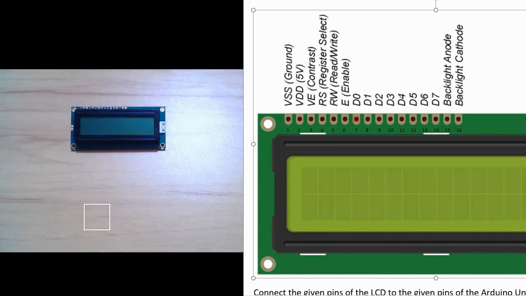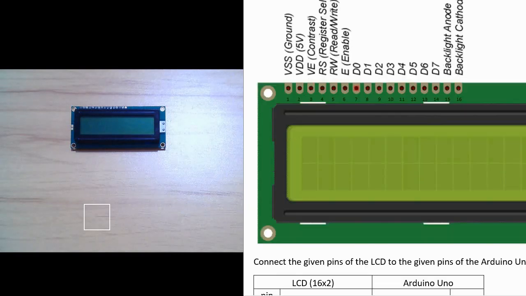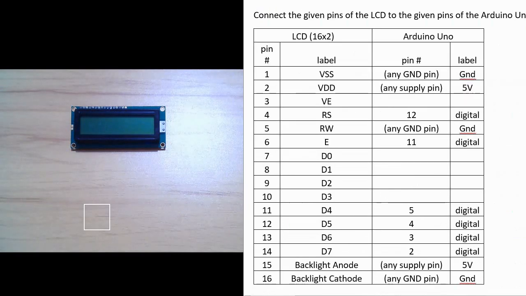As you can see here in the Word file, you have pin 1 to pin 16 from VSS to backlight. For you to be able to connect the pins of your Arduino to your LCD, these should be the connections from pin 1.